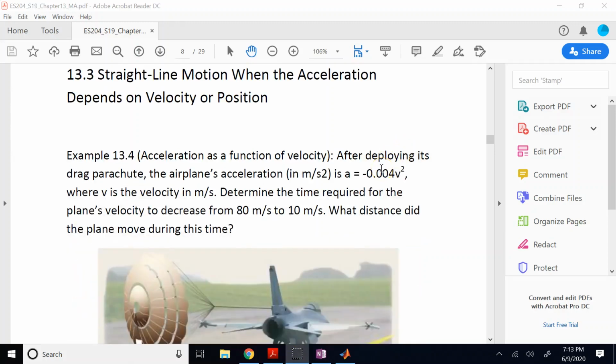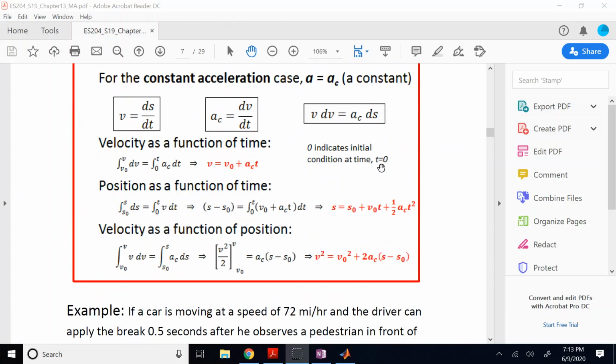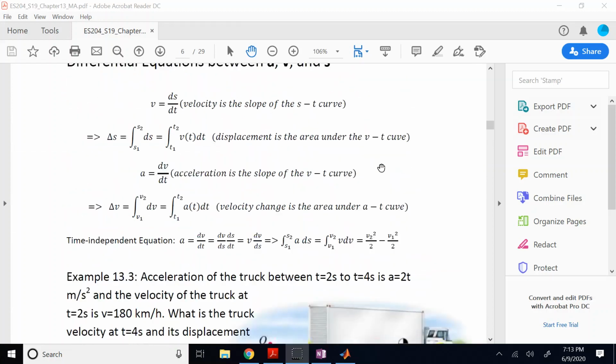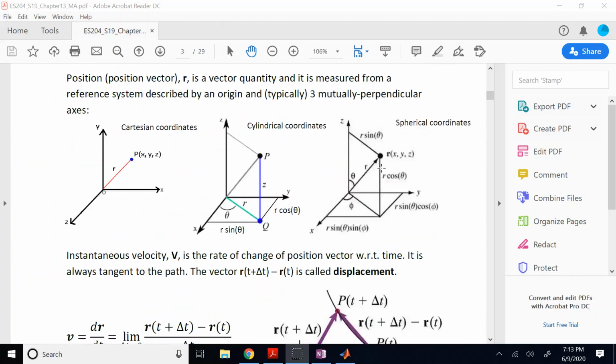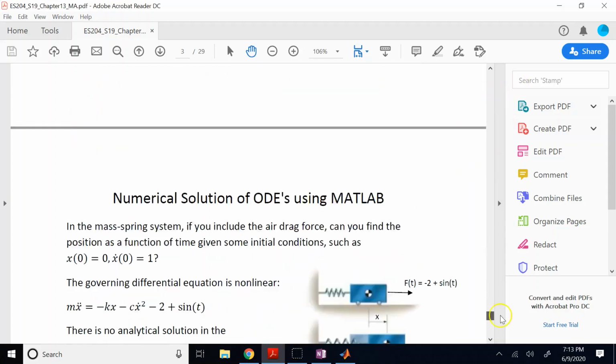So far what we have seen is when a versus time is given, or v or s versus time is given. So we know everything as they change versus time. For example, let's say a is given to us, like in this graph.